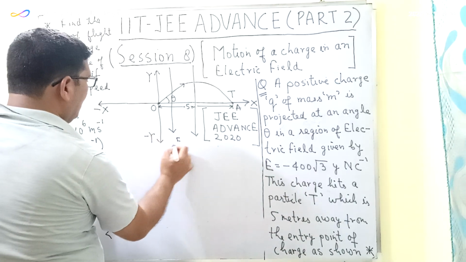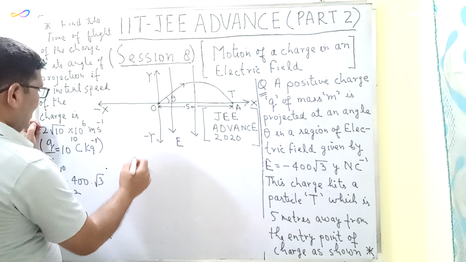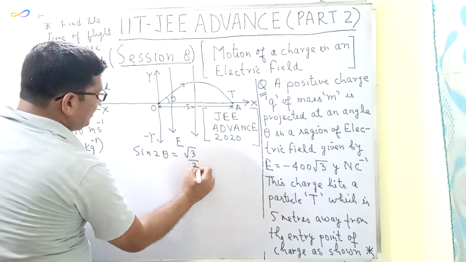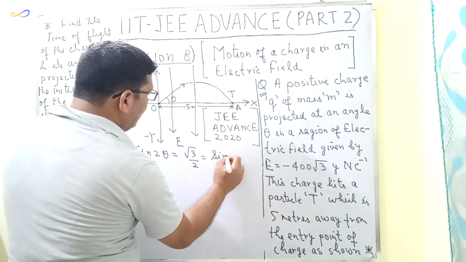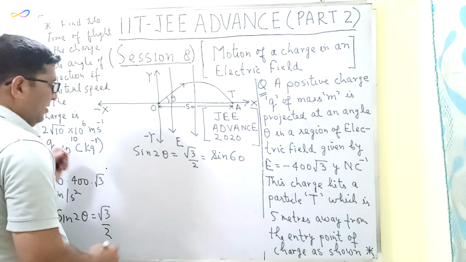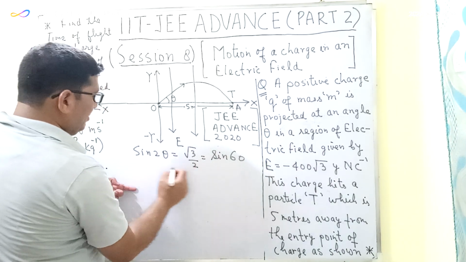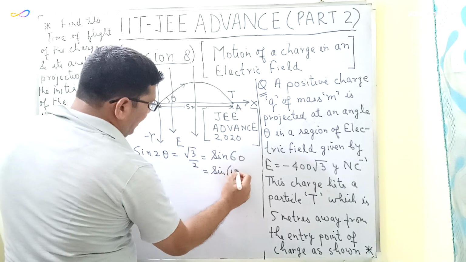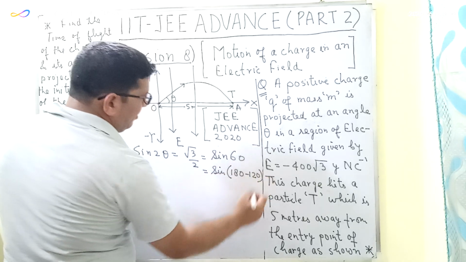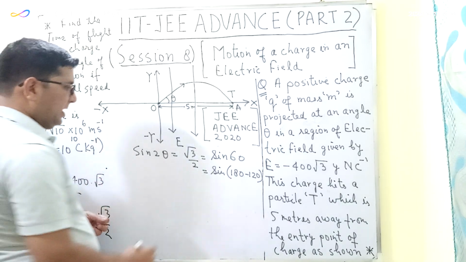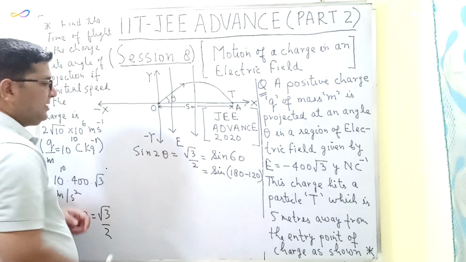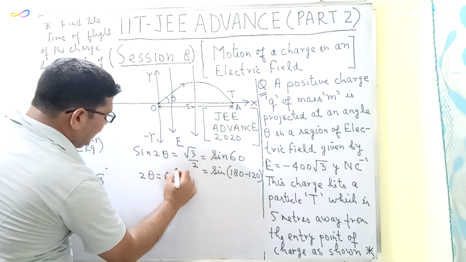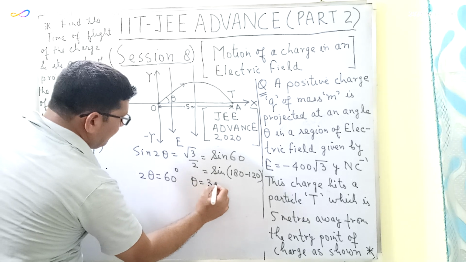If sine 2 theta is equal to root 3 by 2, this root 3 by 2 can be written as sine 60, or sine 60 can also be written as sine of 180 minus 120. Okay? So if sine 2 theta is equal to sine 60, then 2 theta is equal to 60 degrees, and theta will be equal to 30 degrees.